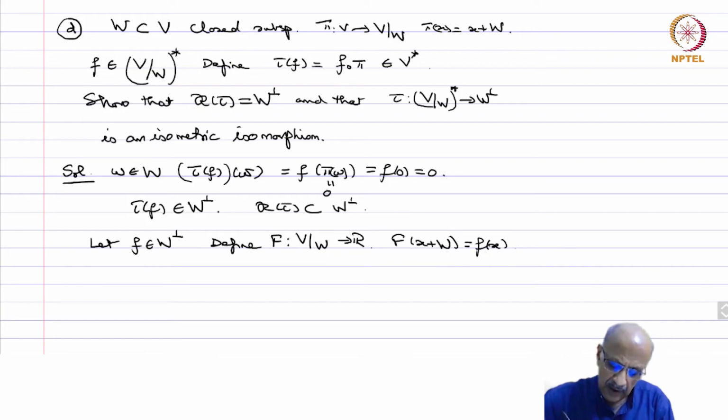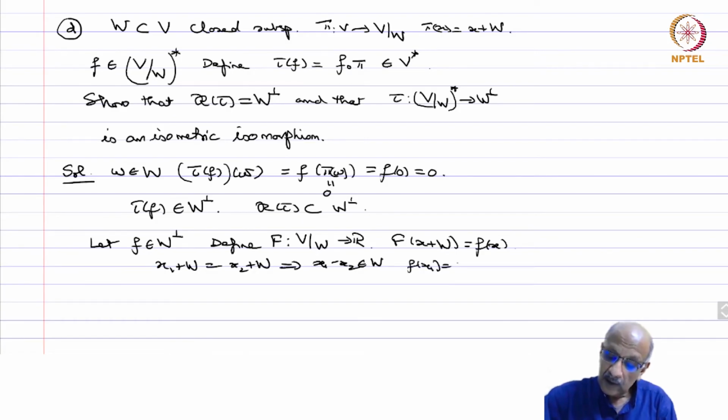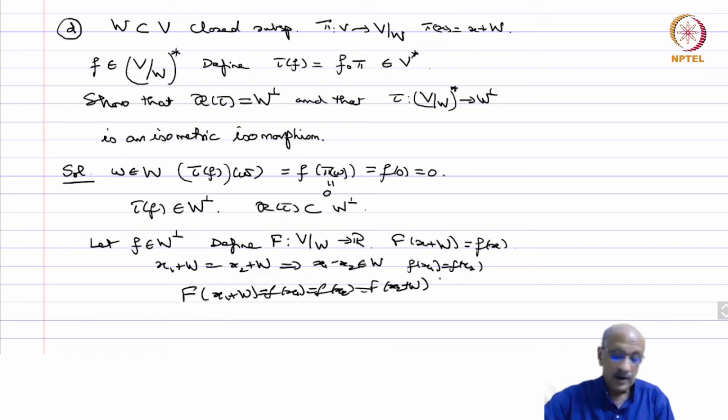So if x1 plus W equals x2 plus W, this means that x1 minus x2 belongs to W. So f of x1 equals f of x2. So capital F of x1 plus W equals f of x1 equals f of x2 equals capital F of x2 plus W. So if you have two cosets equal given by different representatives, it doesn't matter, the answer is finally the same. So this is well defined.